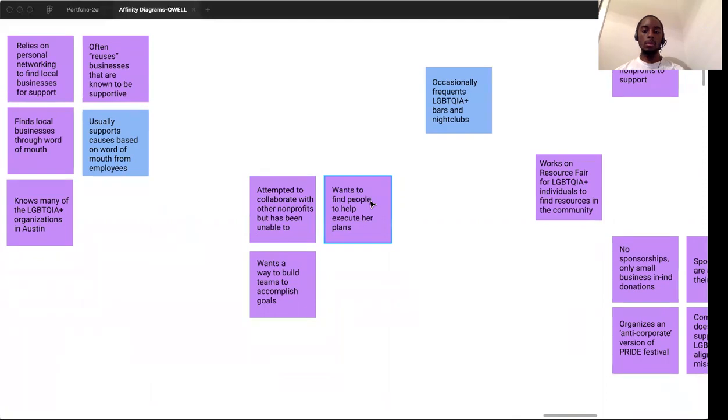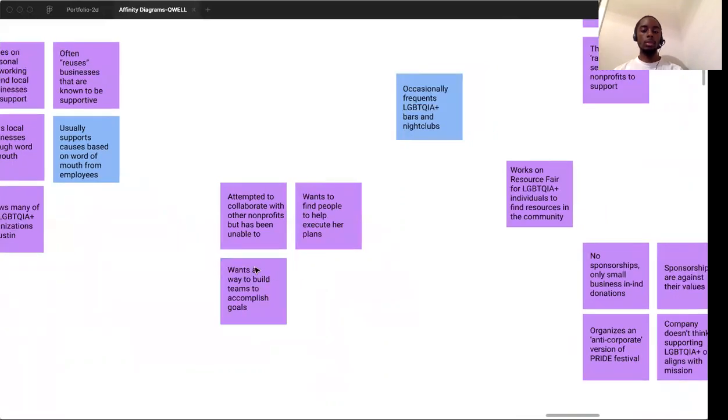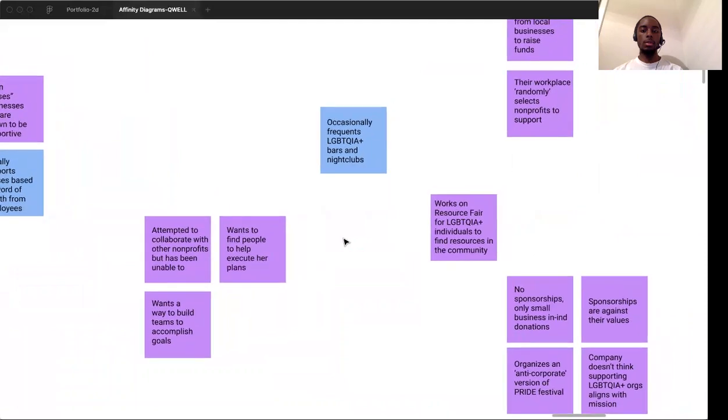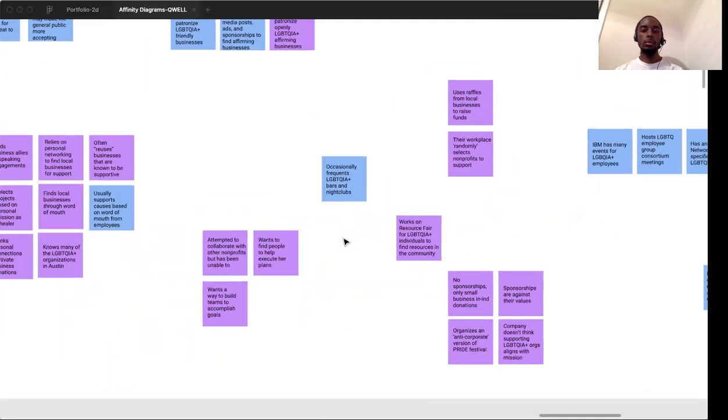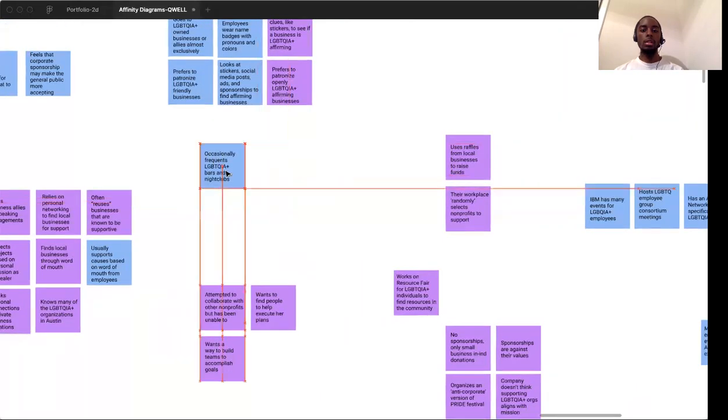Hmm. Yeah. So they want to collaborate with other nonprofits. They want help, administrators, organizers, stuff like that. Administrative team. Yeah. I feel like this is kind of related to this one.